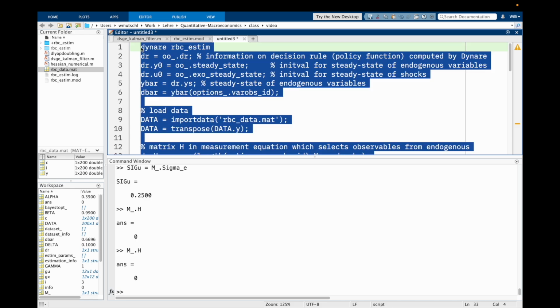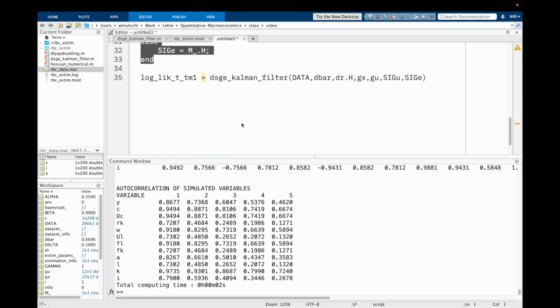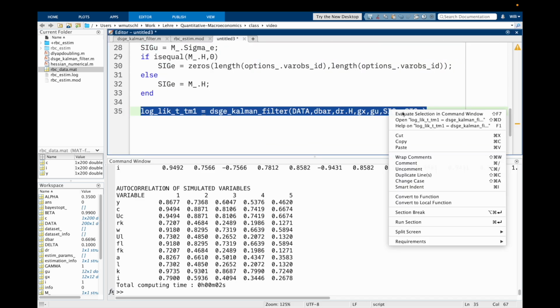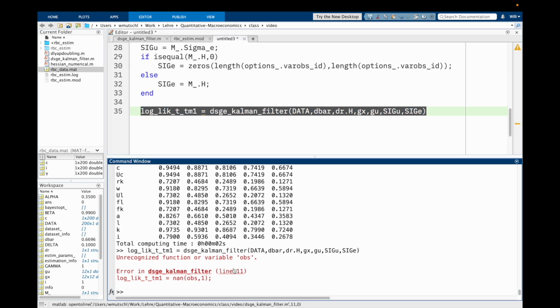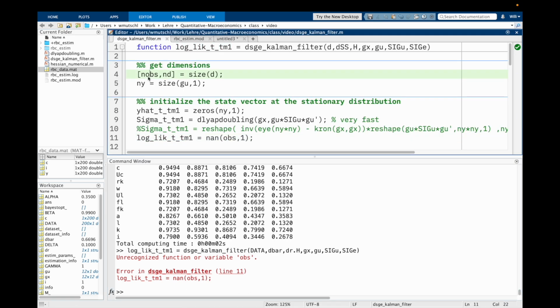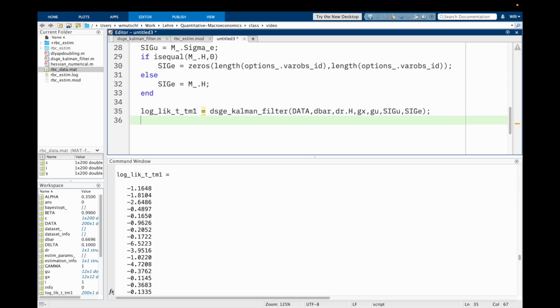Okay, so running this, no errors, great, and hopefully no errors here. Unfortunately, there is an error. So line 11, let me go in here, yeah, that should be number of observations. Okay. Bam. Now, these are my likelihood contributions. And the log likelihood, that is just the sum of those contributions.